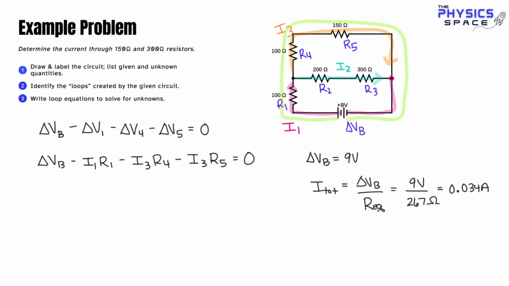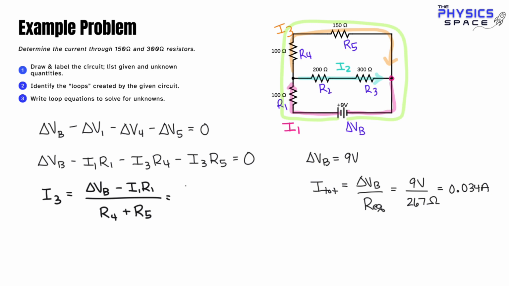If we solve this for I3, our equation looks like this: we have our battery voltage minus current 1 times resistance 1, divided by R4 plus R5.